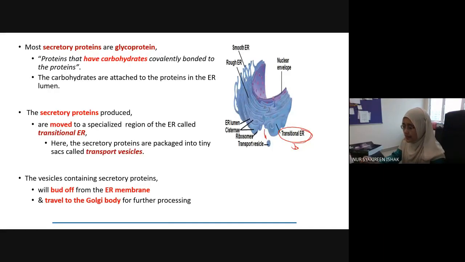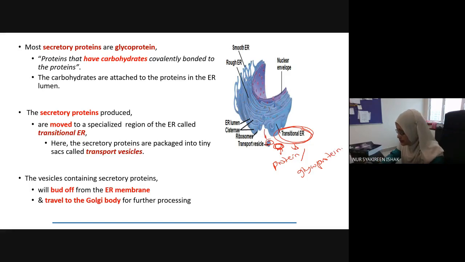So it means that in this region, the transitional region is where the transport vesicles are produced, okay. So these transport vesicles will contain protein, okay, protein produced by the bound ribosome or the glycoprotein.